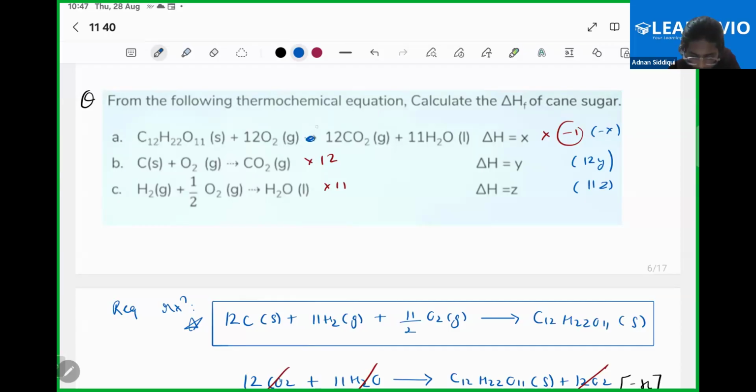The thing which was on the reactant side will now convert into the product side. The sign will get changed. Now this arrow is not like this, it is like this. Now this is reactant and this is product. Initially it was the reverse. Why did you change it?